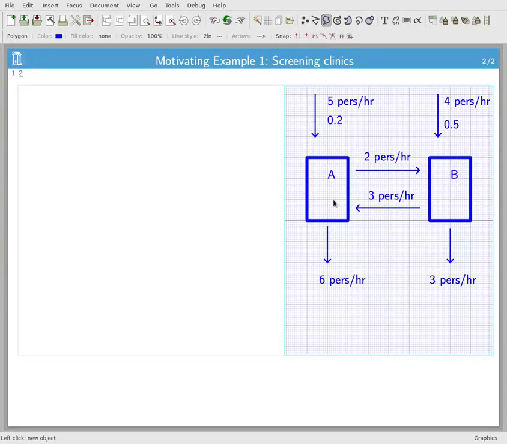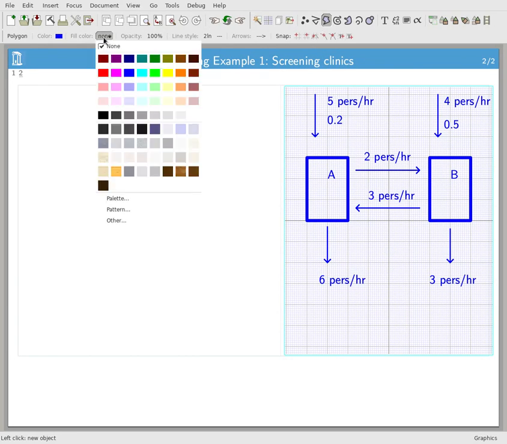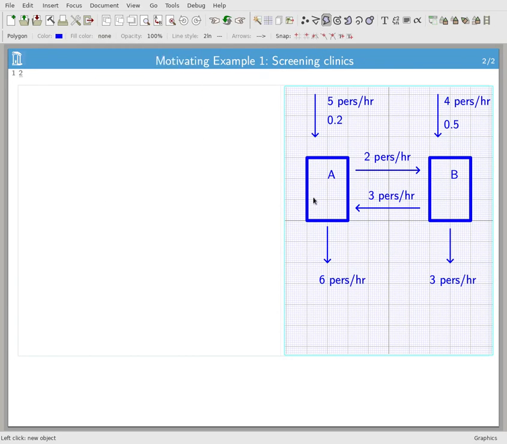Each of these clinics is being run at capacity, and we will assume that the capacity of clinic A is going to be, let's say, 100, and the capacity of clinic B is going to be 300. And we'll draw some rectangles to kind of denote this.